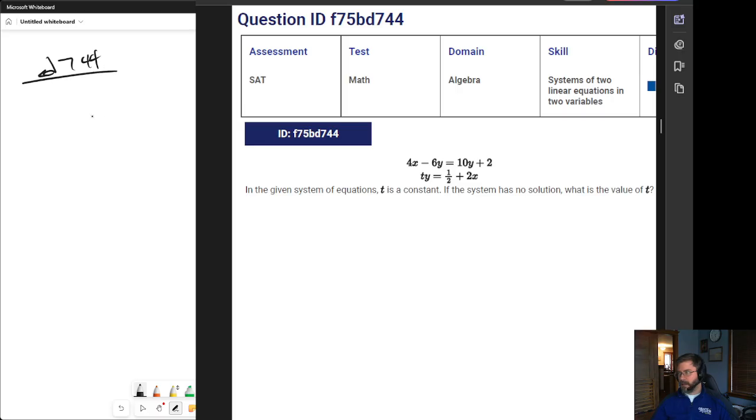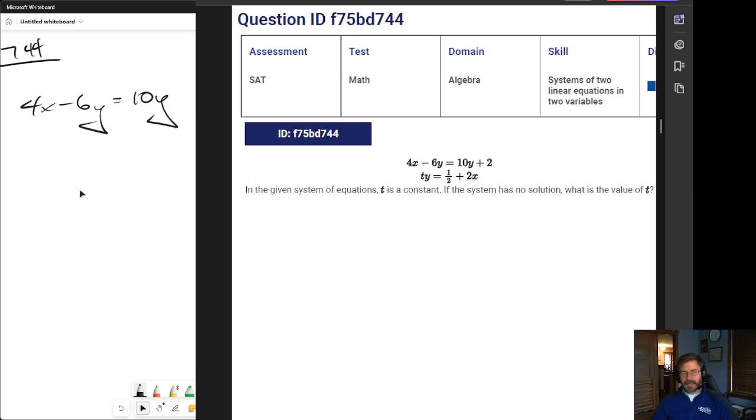D744. We got 4x minus 6y equals 10y. I'm going to go ahead and ignore the plus 2 here, because again, all I care about are the slopes, and these numbers are going to give me the slope. We've got ty equals, I'm going to ignore the 1/2, 2x. All right, so if I combine like terms in the first expression there, we get 4x equals 16y.